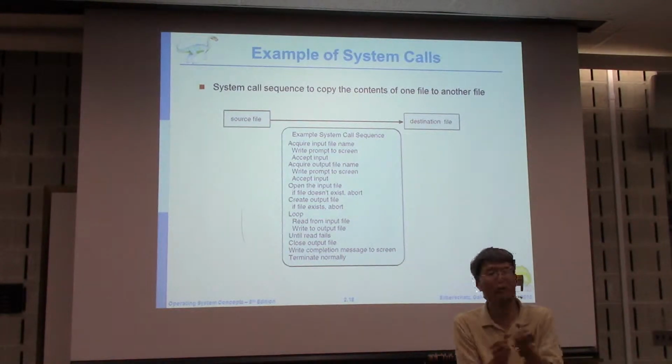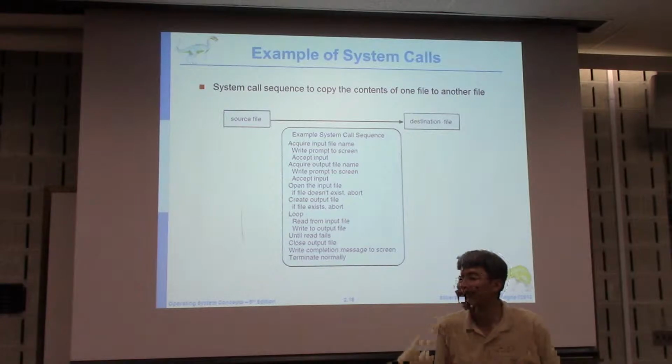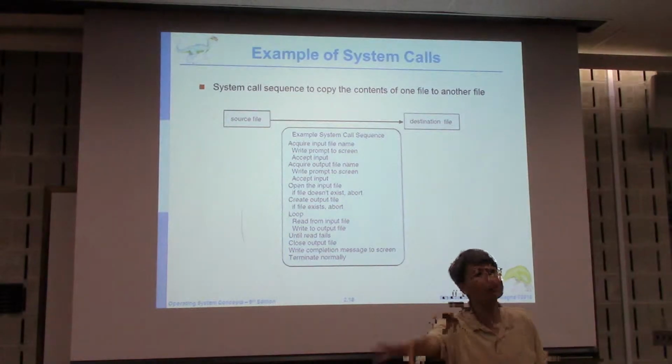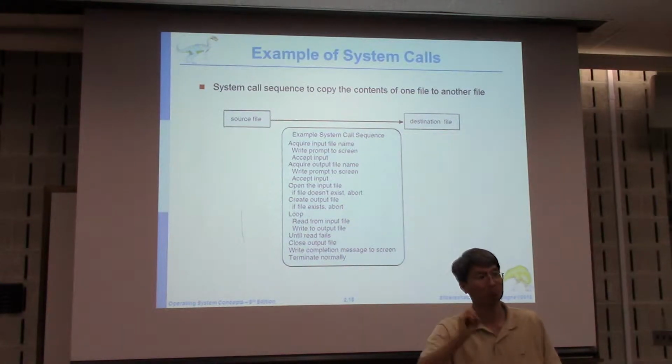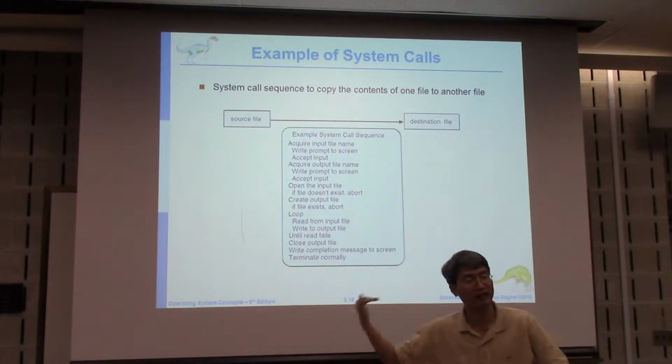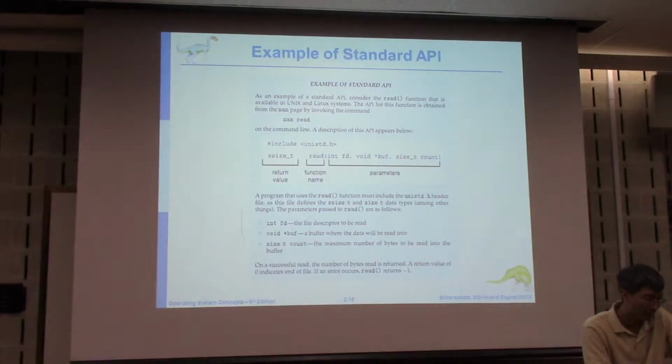Such a thing is very, very complicated if the user needs to do everything. So if you call the fopen function, a system call, a system library, that's done. That is the benefit of using such a system library.